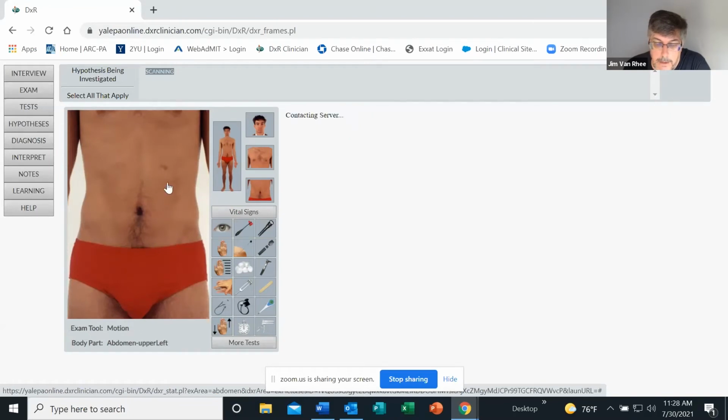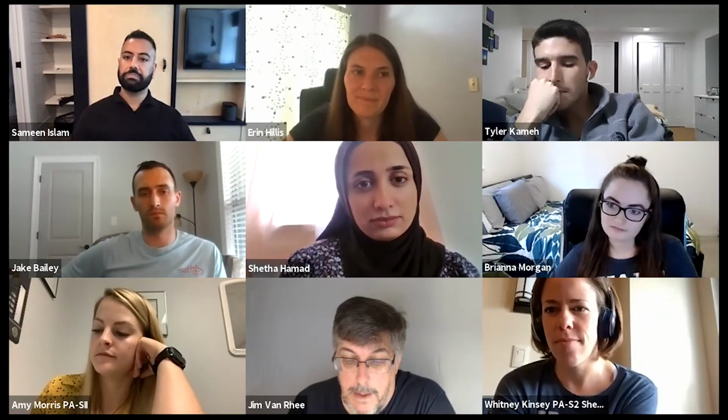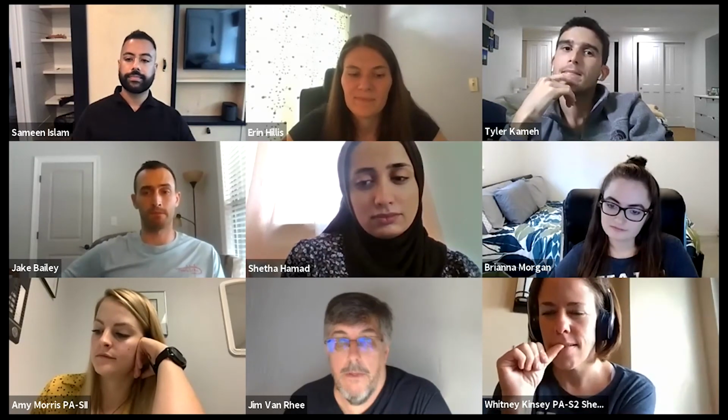It doesn't look like, maybe if it's movement of the leg. Let me go to full body here. Hold on. Nope, it doesn't look like I can. So let me stop sharing here a second. Is there anything else on physical exam for the abdomen? Okay, let me stop sharing so we can all get back on the screen together here.